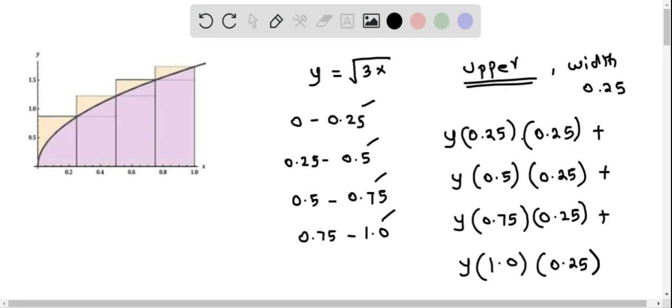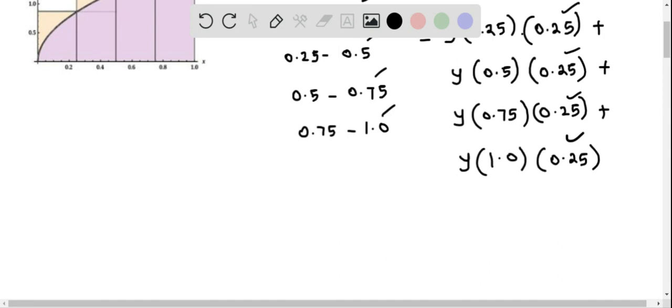So let's evaluate this sum. This is the sum that is required. Observe that we have the number 0.25 in each of these products, which means we can factor that out.